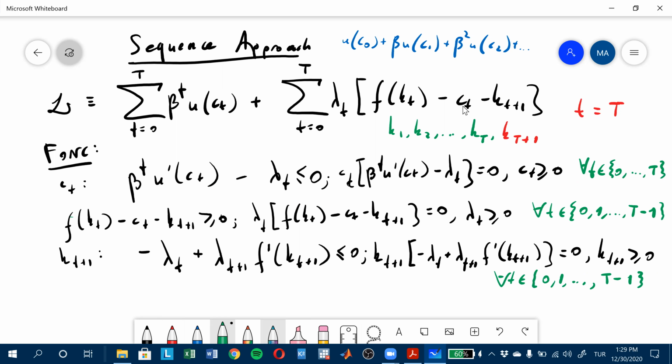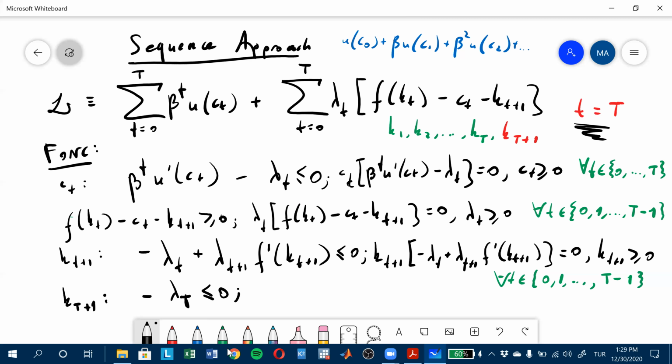Okay, so I have to now take the derivative with respect to kt plus 1. When t is equal to T, I want to take the derivative with respect to kt plus 1. So what is that derivative? Well, that derivative is basically minus lambda t.